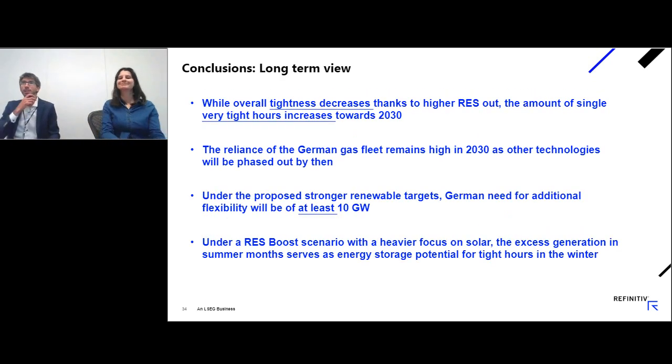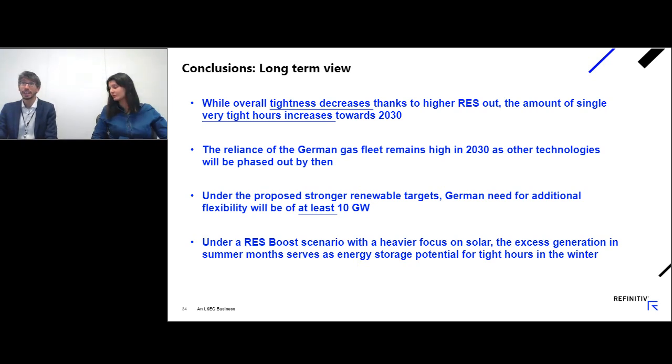Yes, and when it comes to the longer term, we can see that under this new renewable Easter package and REPowerEU package, while the overall tightness, or the average tightness, decreases, the amount of individual hours that are very tight actually doesn't decrease, and actually on the opposite probably increases if you add the electrification factor to that.